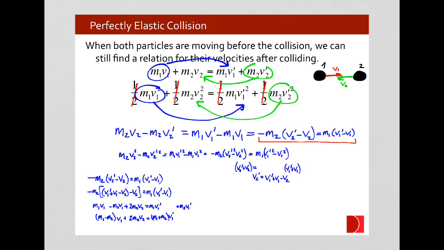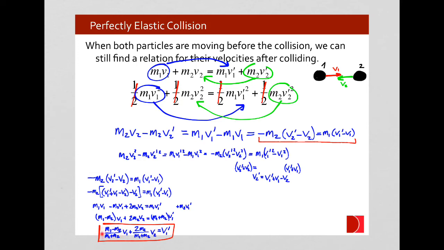And we can see that now when both particles are moving, we see that v1 prime depends on the masses of the particles, as well as the velocities of those particles.